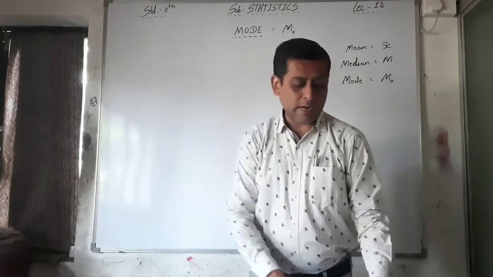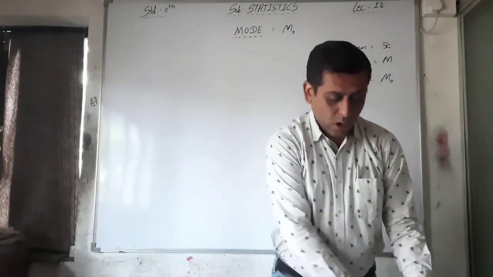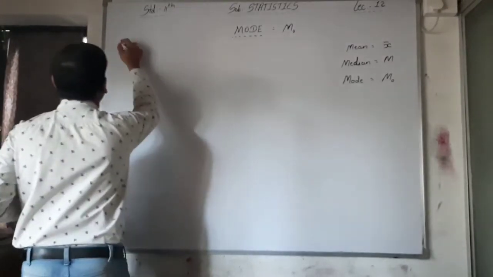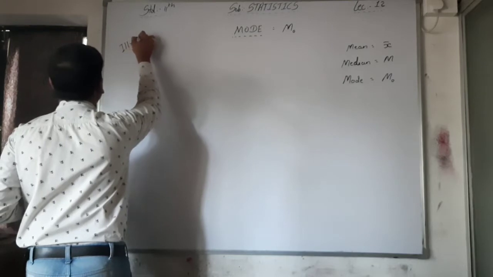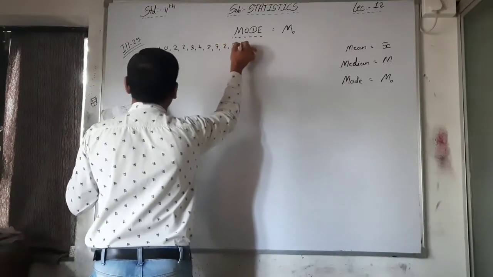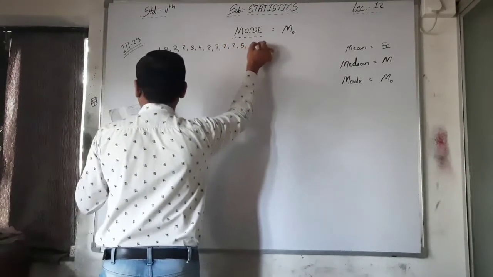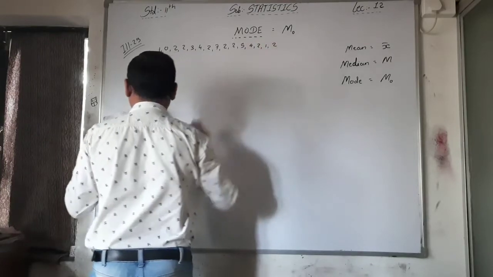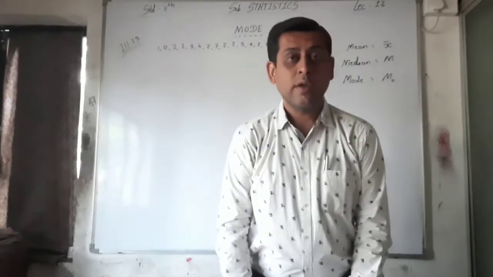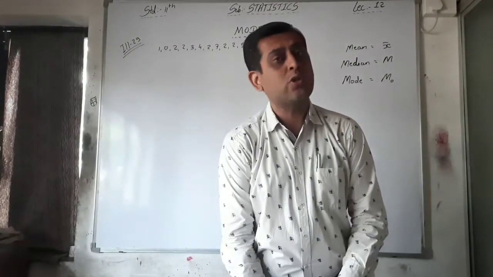We have to write all the observations: 1, 0, 2, 2, 3, 4, 2, 7, 2, 2, 5, 4, 2, 1 and 2. Find out the modal value. Not mode, here they ask the modal value; both are the same.